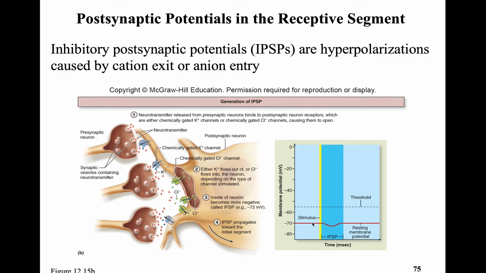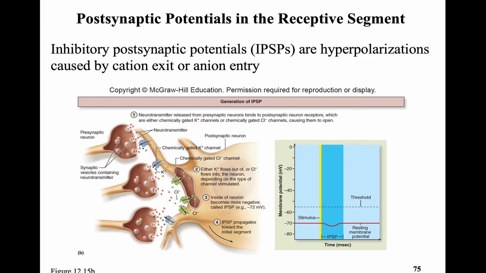So as you can see from the graph, we actually have a dip now. We've made the inside of the cell far more negative. Now when you do that, it has a term that's called hyperpolarization. We're making the inside of the cell so negative that we hyperpolarize it.